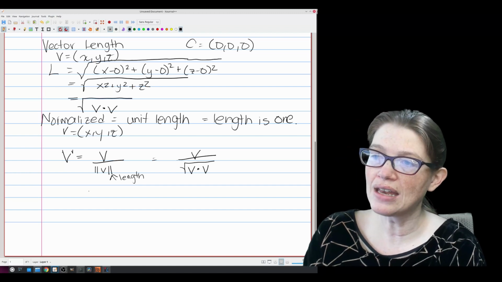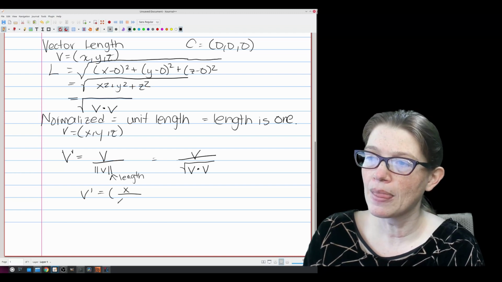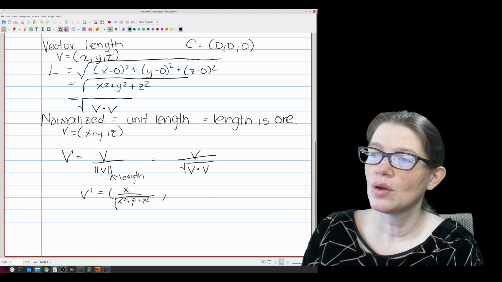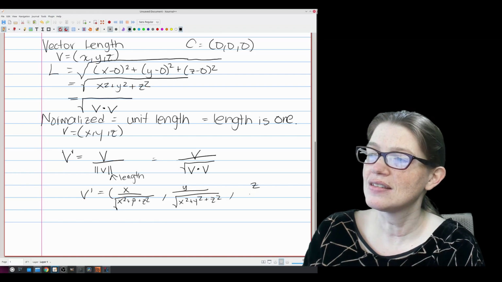So what we're going to end up with is v prime is equal to x over the square root of x squared plus y squared plus z squared, y over the square root of x squared plus y squared plus z squared, z over the square root of x squared plus y squared plus z squared.